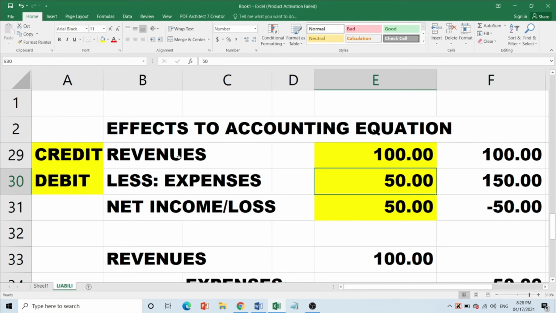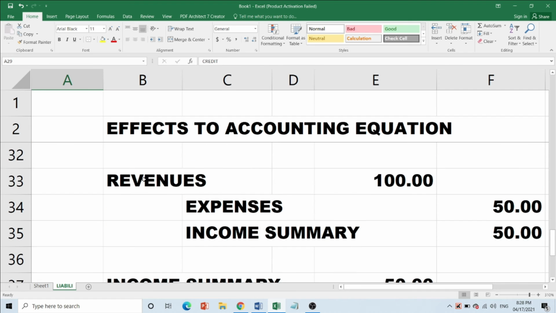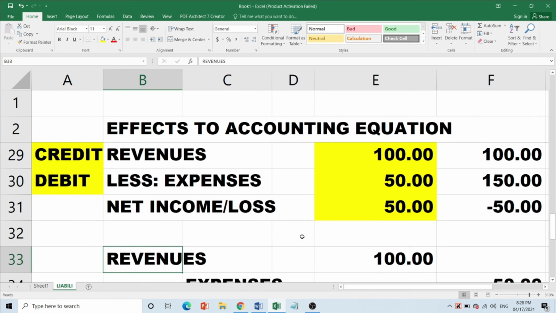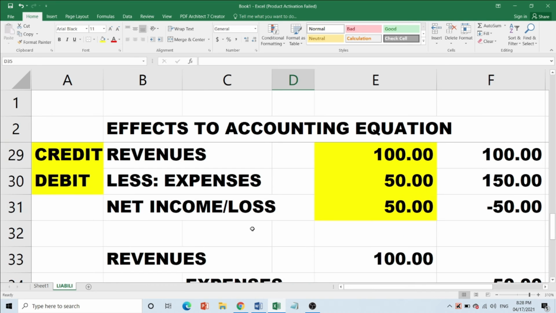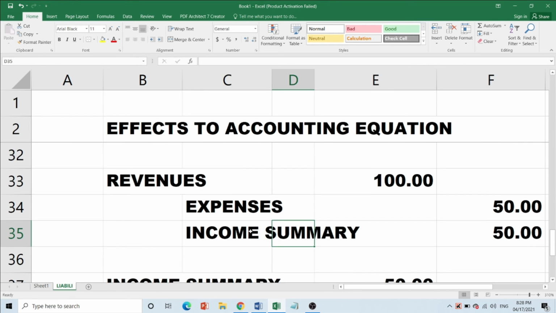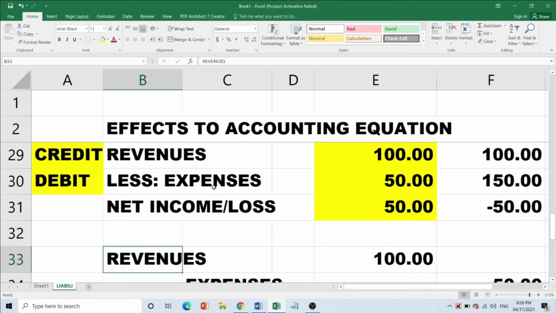So since credit ang normal balance ni revenue, ilagay natin siya sa debit or sa left side. Normally kapag meron tayong revenue, pag nag-journalize at inire-record natin, is nandoon sa right side o sa credit side.